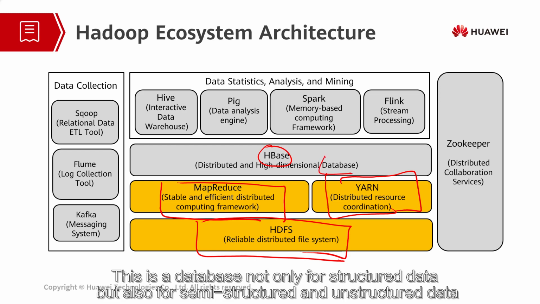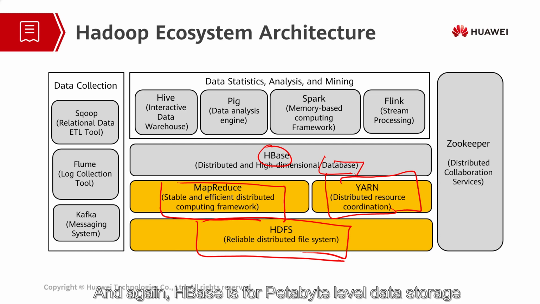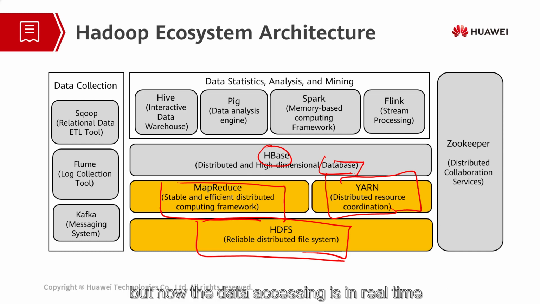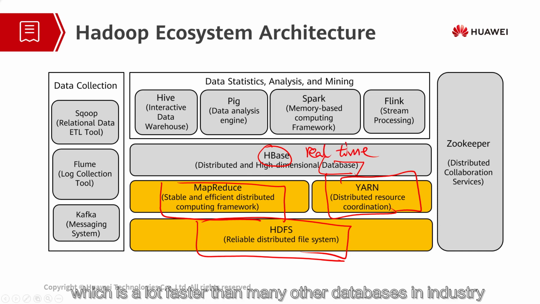This is a database not only for structured data, but also for semi-structured and unstructured data. And again, HBase is for petabyte level data storage, but now the data access is in real time. This is a lot faster than many other databases in industry.